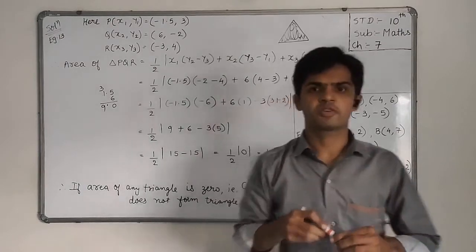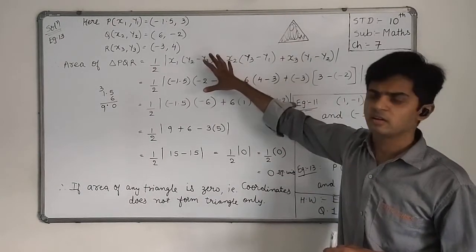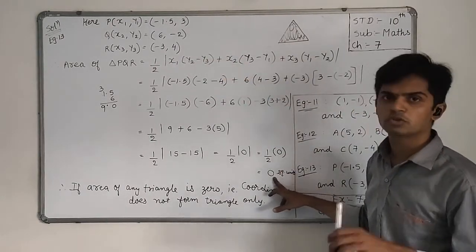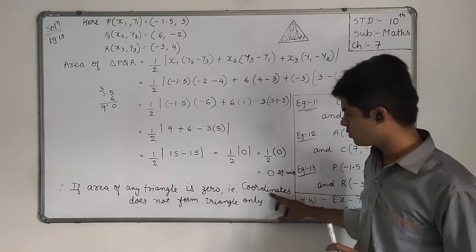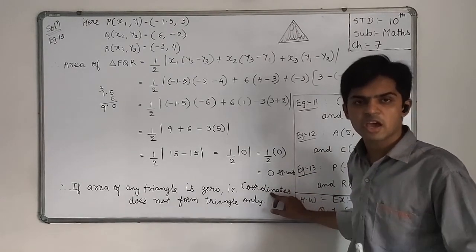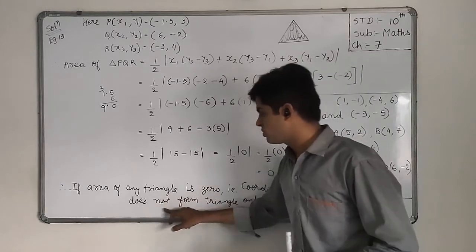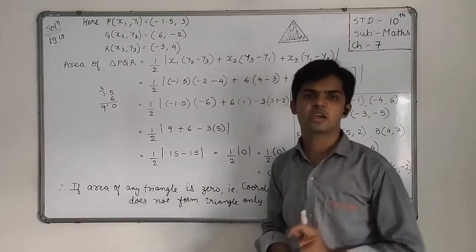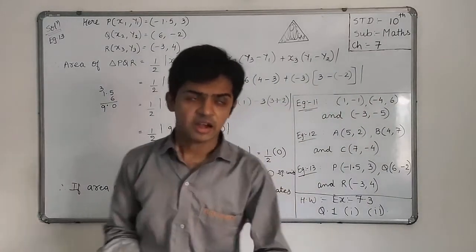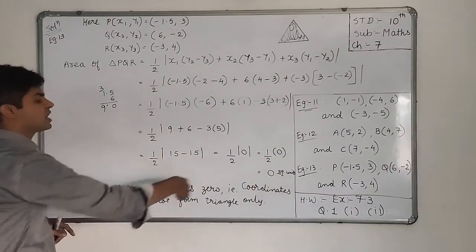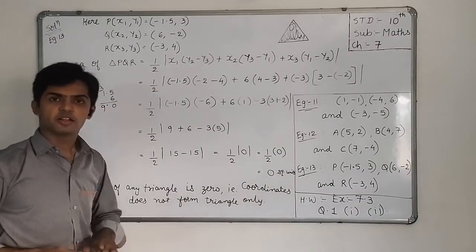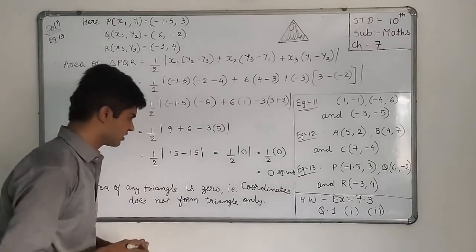Whenever the answer of the area of any triangle is 0, it means that whatever coordinates are given to us in the question will never form a triangle. And if the area of triangle is 0, then the coordinates are linear.